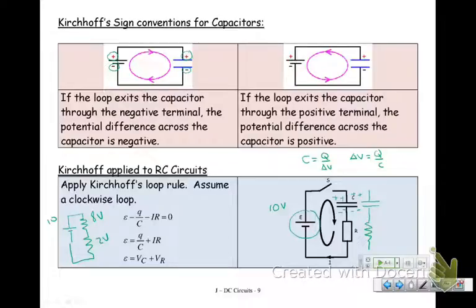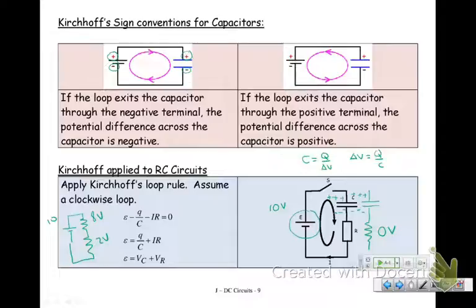Do you think the capacitor's fully charged? So this has got its maximum amount of charge on it. And do you think there's any current flowing? Where's it going to flow to? So if there's no current flowing, then no volts across my resistor, because V equals IR, and there's no current, so I is 0.